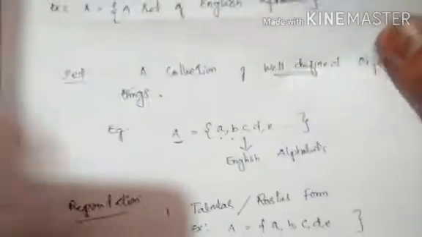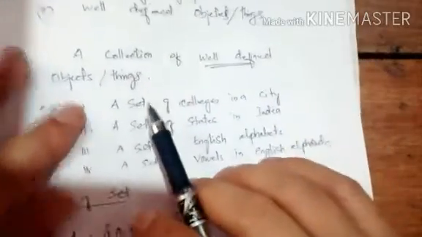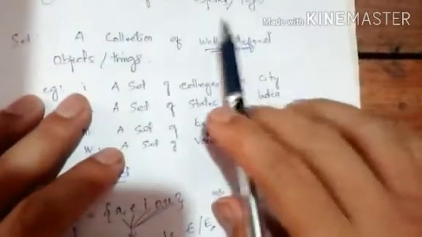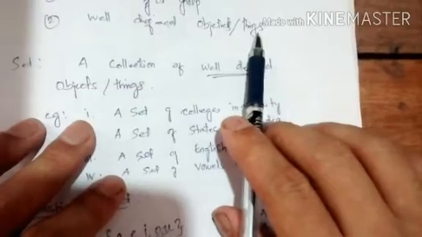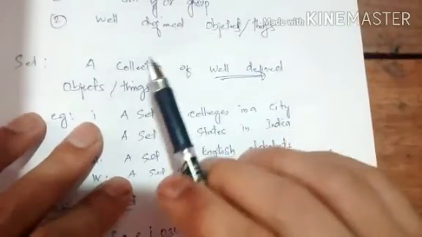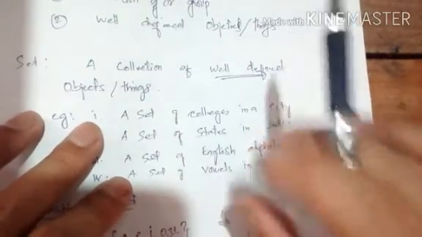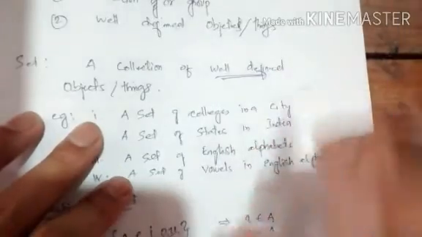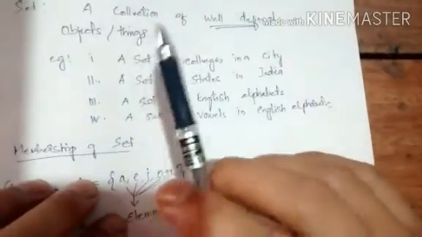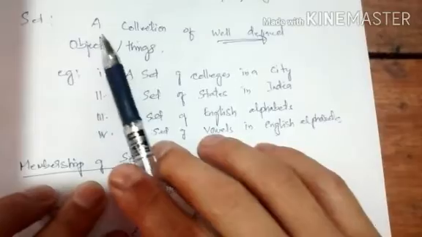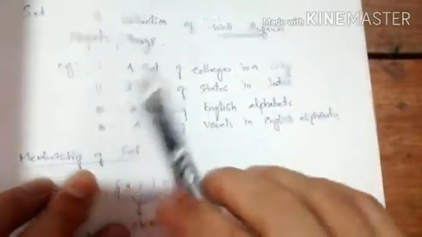So yes, a set is nothing but a collection or grouping of well-defined things or objects, because each set is distinct, and each of the elements in the set is also distinct. So when we are defining sets, we have to keep this in mind: a collection of well-defined objects or things.